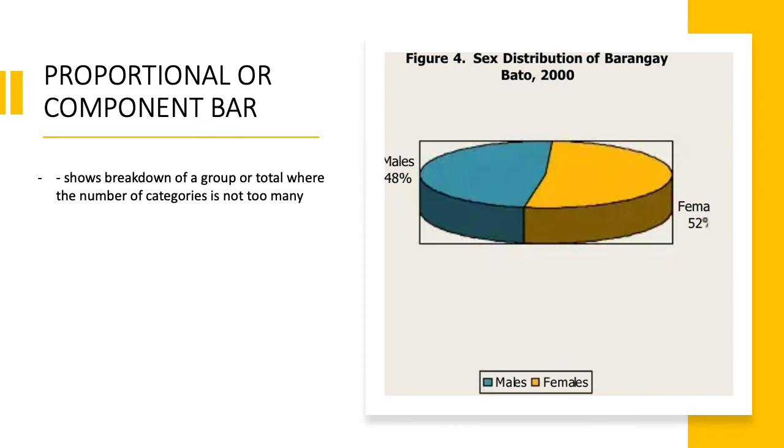We also have a proportional or component bar, or this one is also called your pie chart. So it shows a percentage or breakdown of a group or total where the number of categories is not too many. Okay, it is easy to use a pie chart if our categories are not many. If there are many, we have difficulty because the space allocated for each category identified becomes very small.